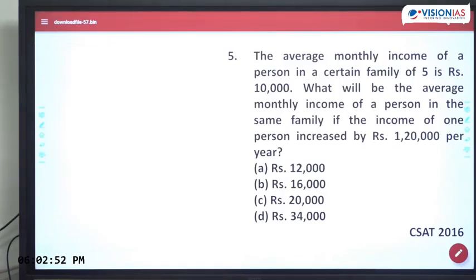Tell me the answer. Please be careful with the statements. Mathematics is all about a statement, nothing else. If you understand the statement, you can solve anything.